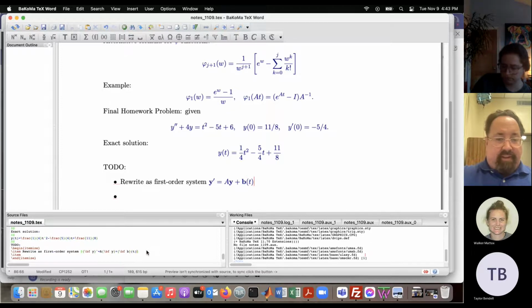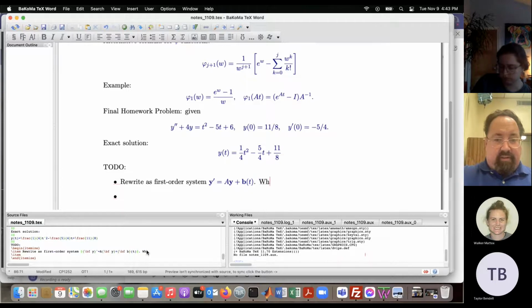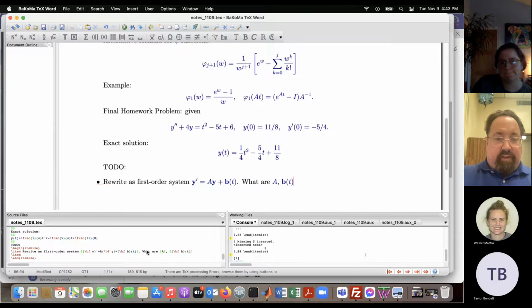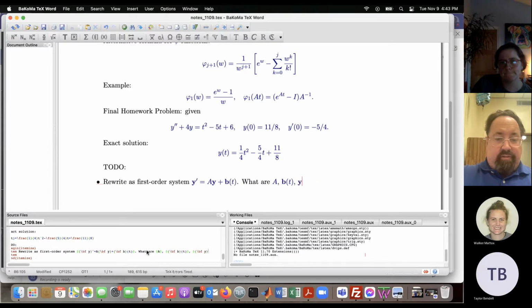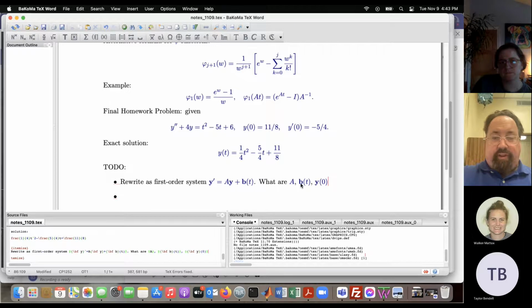What is that? A, B of t, and also the vector of initial conditions, Y of 0.